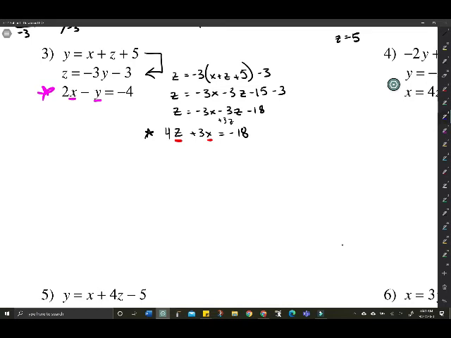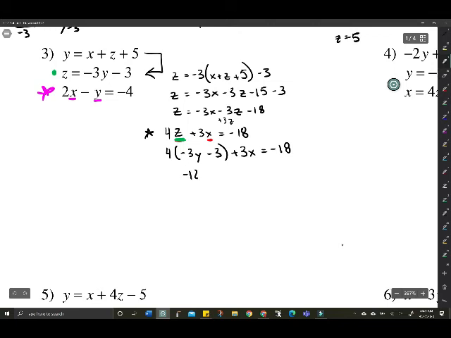What I could possibly do now is reverse substitute. Let's put z, and I know that's there. So I could also do 4 times negative 3y minus 3 plus 3x equals negative 18.